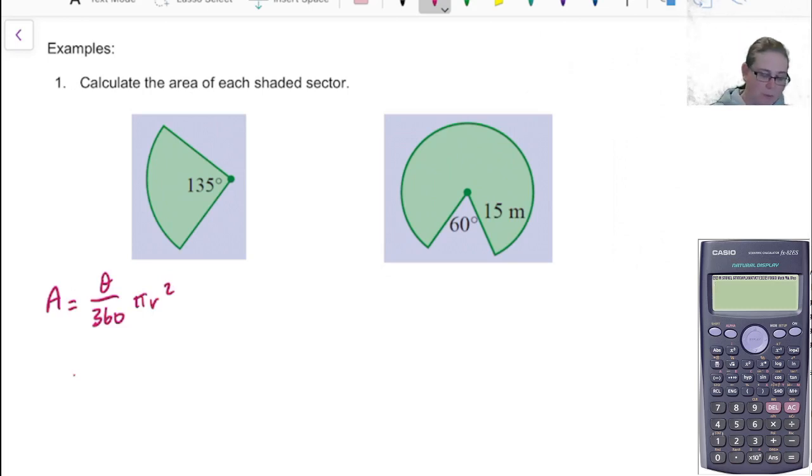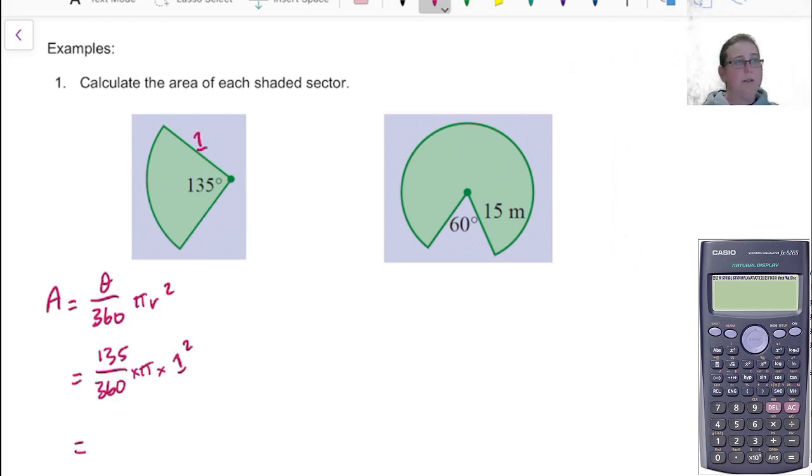So for this one, we want 135 over 360 times pi times the radius. We don't actually have a radius given on our question here. So let's give it a radius of, let's say, 1, just to make life a little bit easier for us. So now it's just going to be times 1 squared, and then we can work that out.